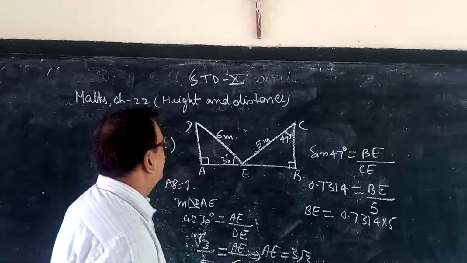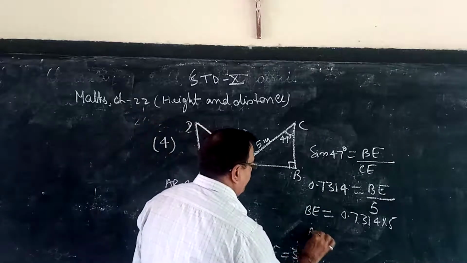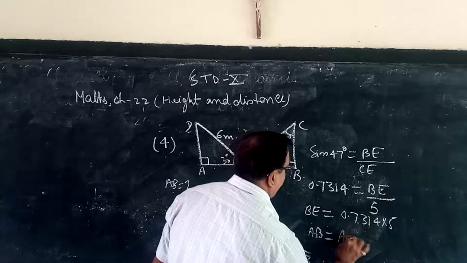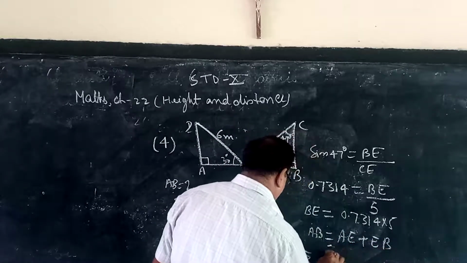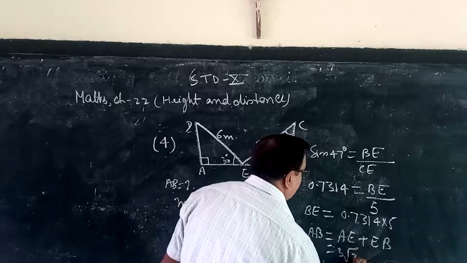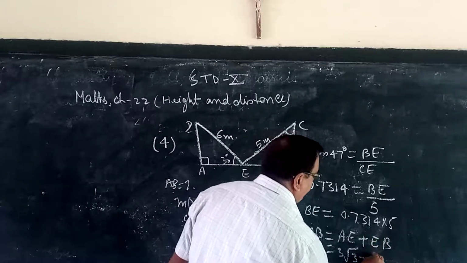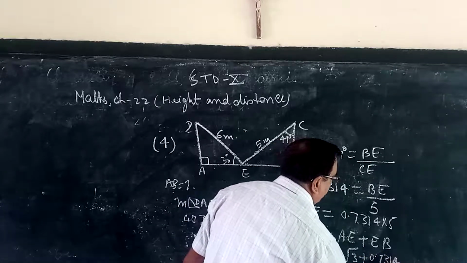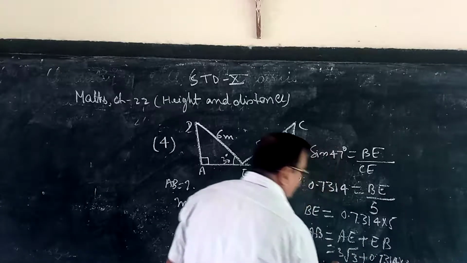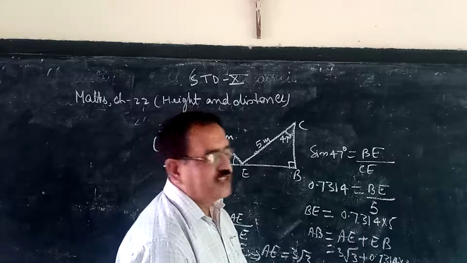Now actually we have to find AB. So AB is equal to AE plus EB. AE we have 3 root 3, EB we have 0.7314 into 5. Add this value, that will be your final answer.